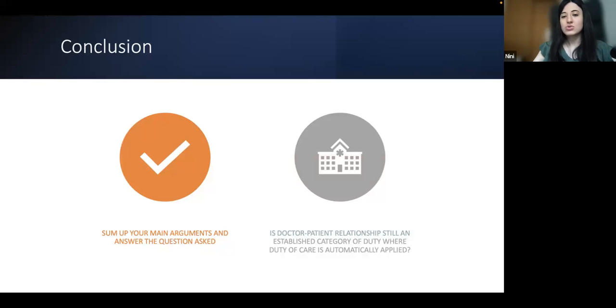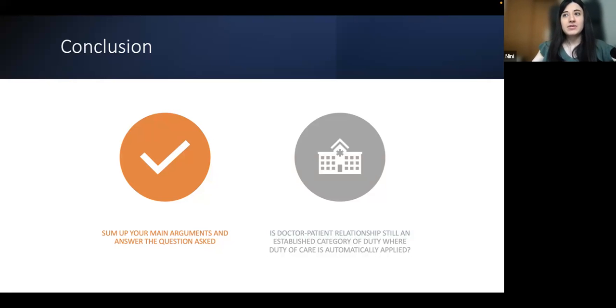Do you think that doctor-patient relationship is still an established category or not? I believe that yes, after analyzing all the case law and journal articles, it is still an established category of duty of care, but the test has to still apply. Most of the times it will be positive, because as we saw in the case of Darnley, Supreme Court overturned the position of the Court of Appeal and said that the hospital did owe a duty of care to the patient.